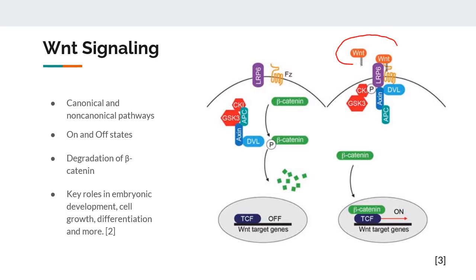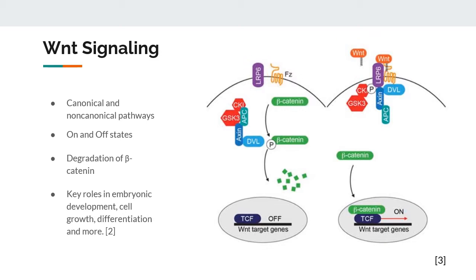So I'll first talk about this on state here. The Wnt ligand, which in the article is labeled Wnt3a, attaches itself onto Frizzled, which I'll show in this off state here since it's labeled a little better. It'll attach itself to that receptor along with the co-receptor LRP6 here.